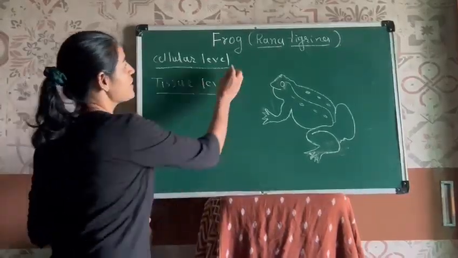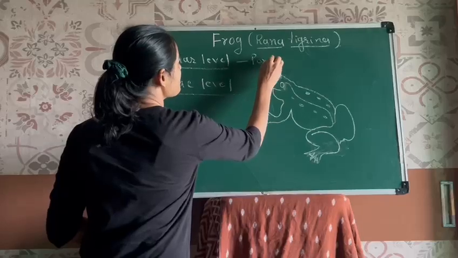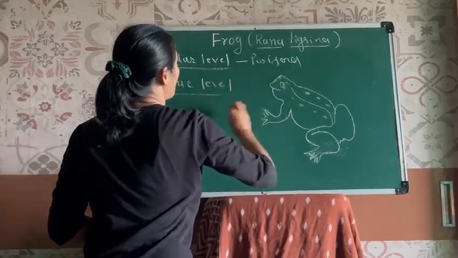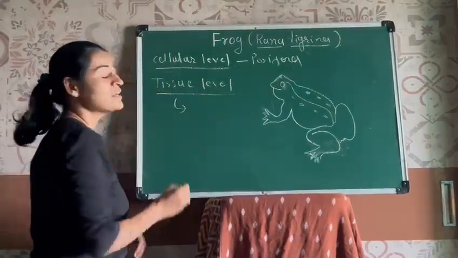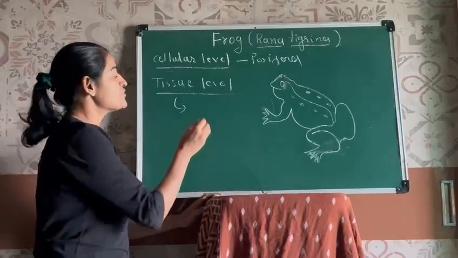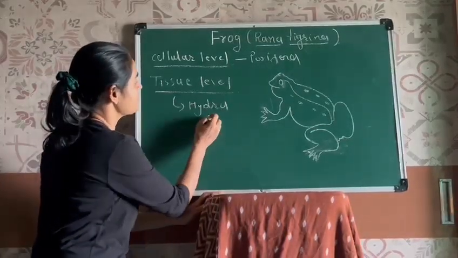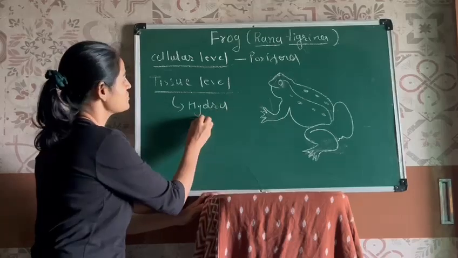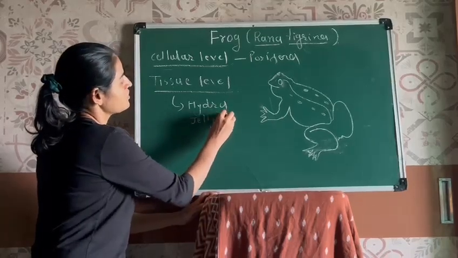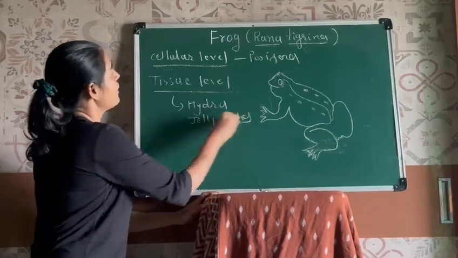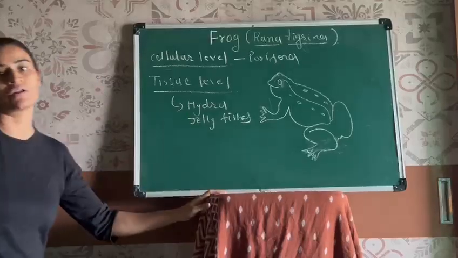For example, coelenterata, such as hydra and jellyfish, have the tissue level of organization.